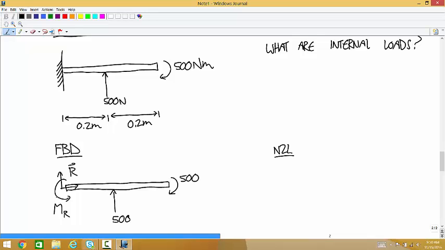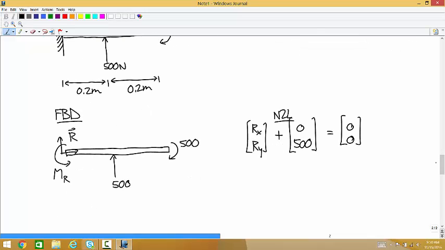So Newton's second law says R plus that 500 is in the positive y direction, so plus 0, 500. That couple doesn't produce a force, so that's equal to 0. And so this R vector is equal to 0, negative 500.